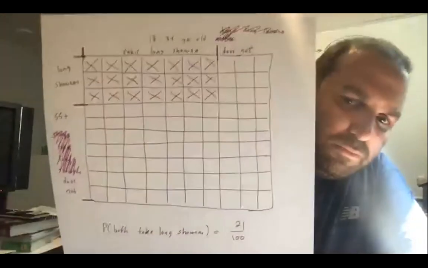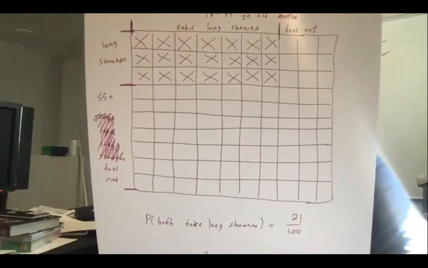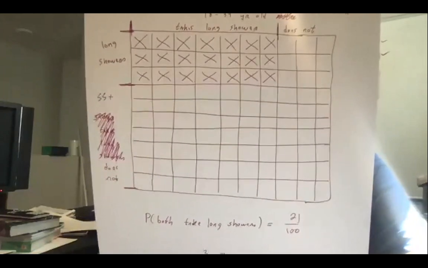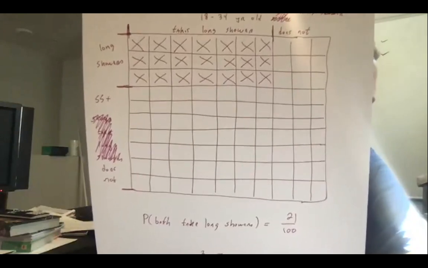Go back to the beginning of the example. 70% of 18 to 34-year-olds take long showers. 70% is 7 out of the 10 boxes. Leaving 3 boxes out of those first 10.